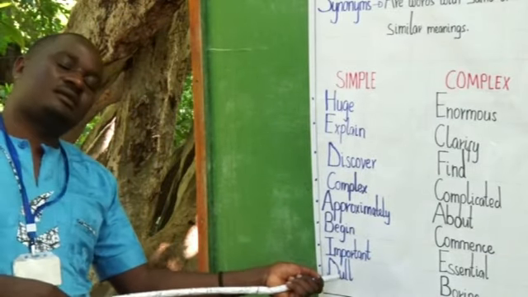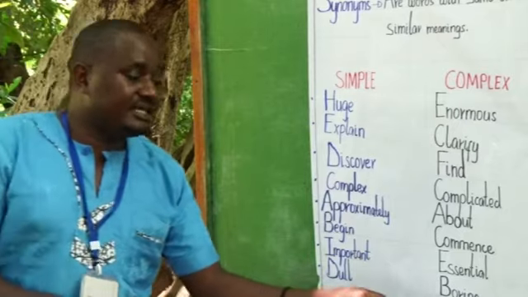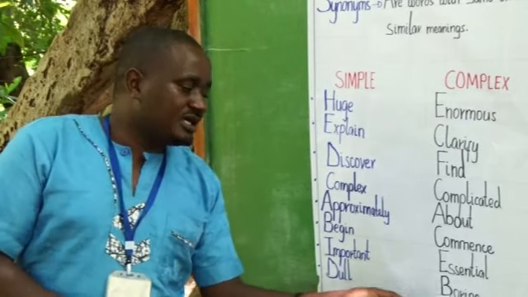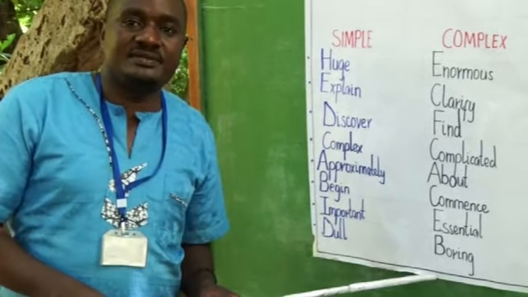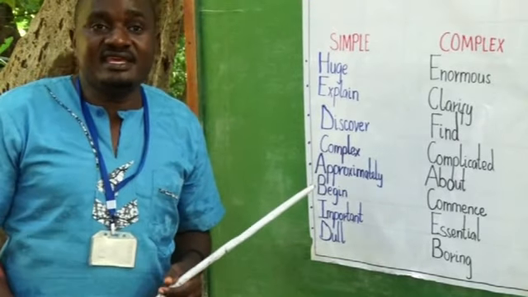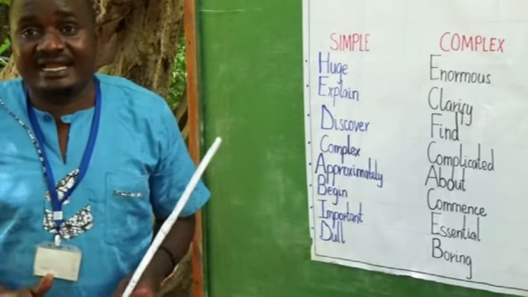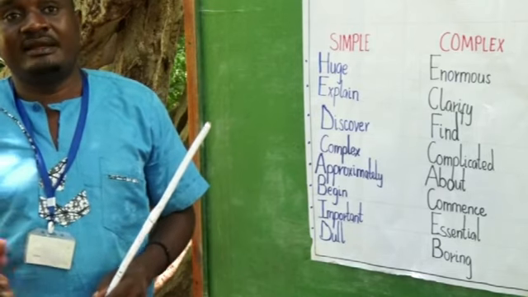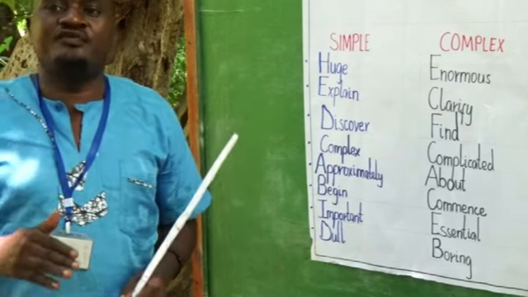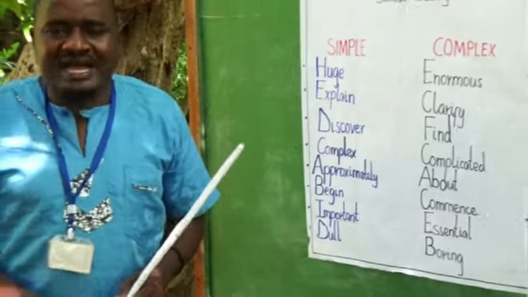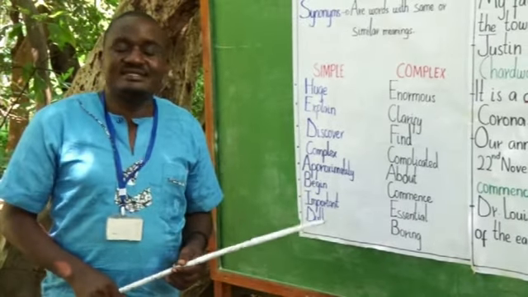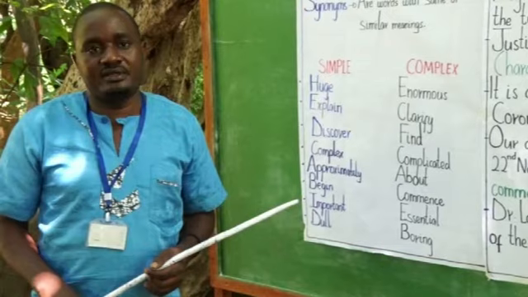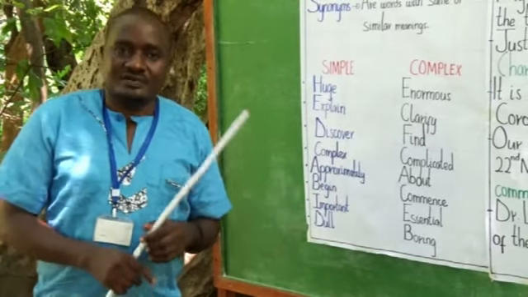Dull, something that is boring. It has the same meaning as the word boring. For example, you can say, this is a dull holiday. Why? Because of COVID-19. To stay at home for 2 months, it is really boring, because you are used to school, your family, to school.